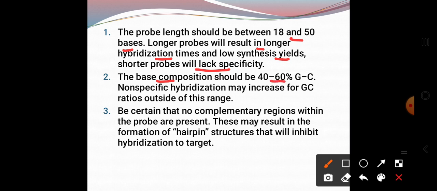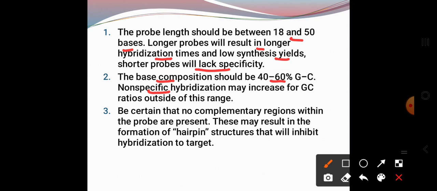The base composition must be 40 to 60% GC content. If the ratio is lower than 40 or higher than 60, it will cause non-specific hybridization.